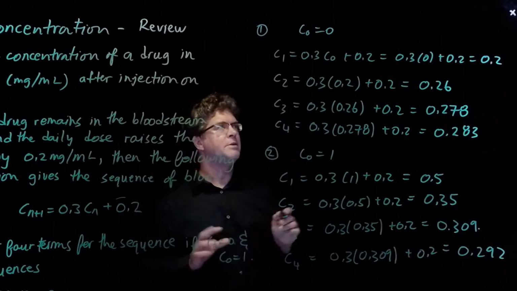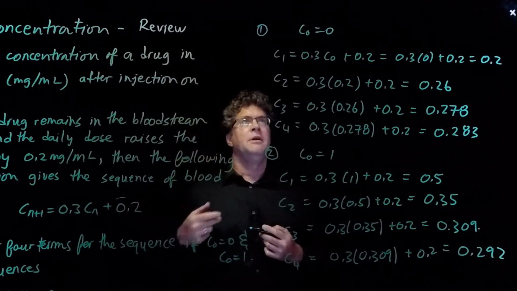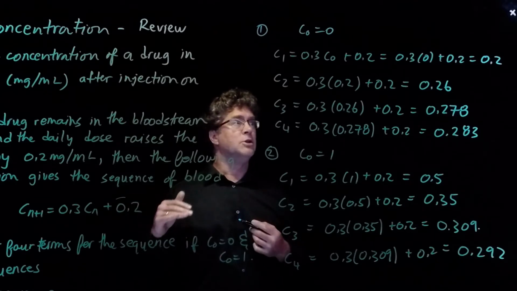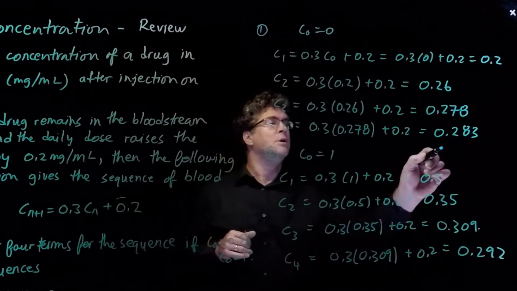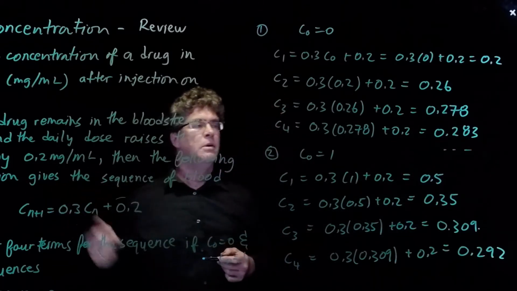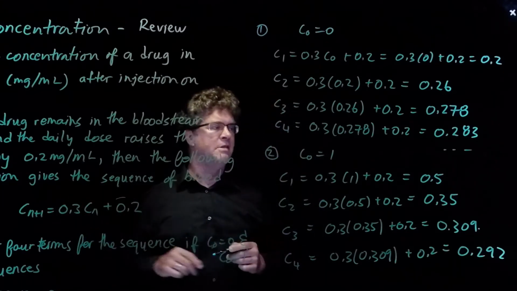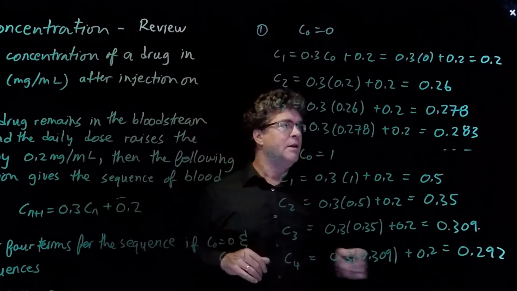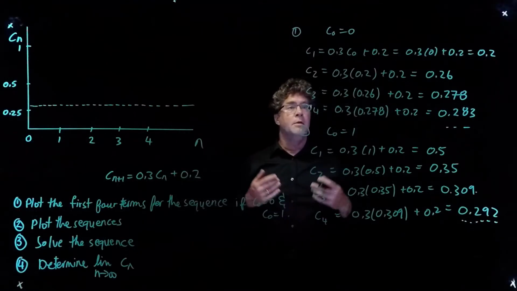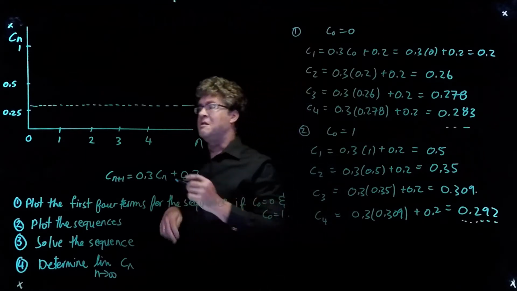Okay, we've got an interesting pattern going on here. In the first case, we started with C naught as 0, and it gradually increased and approached 0.283 by the fourth day. When we start with a higher level, C naught is equal to 1, it's decreasing, and it looks like it's approaching a similar number. So when we plot these sequences, we can use the axes.